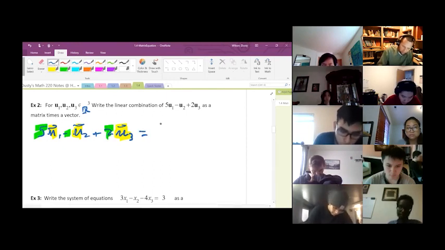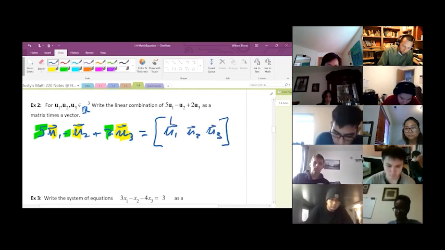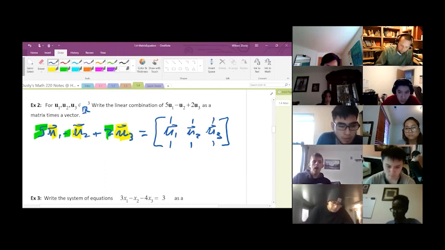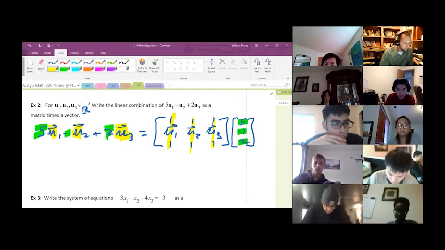You could write this as the matrix [u1 u2 u3], where these are column vectors. I'm going to do the little lines above and below to help you remember that those are columns, times (5, -1, 2).